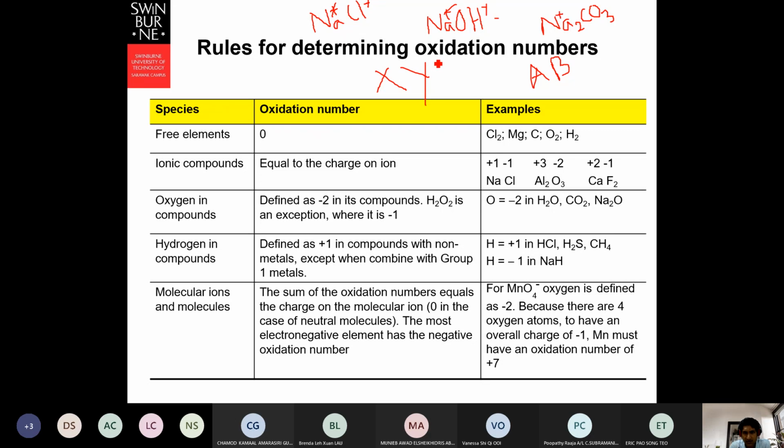Because each sodium is carrying one positive charge, but this carbonate is carrying 2 negative charges. So when one sodium comes in close to this carbonate CO3, the CO3 is not neutralized. Still, it has one negative charge on it. And due to this negative charge, this molecule cannot be stable.